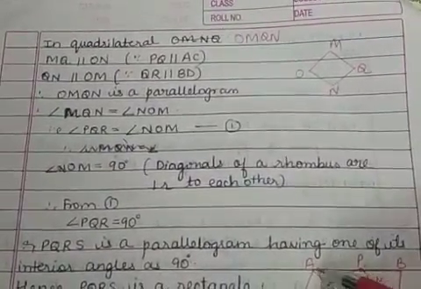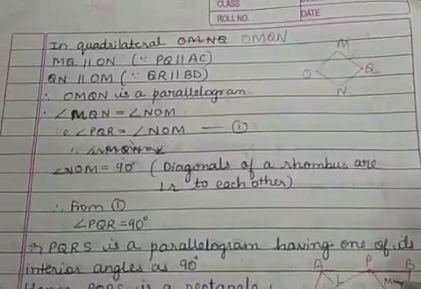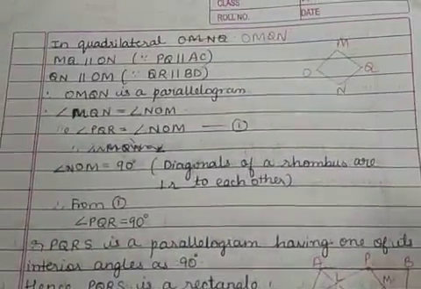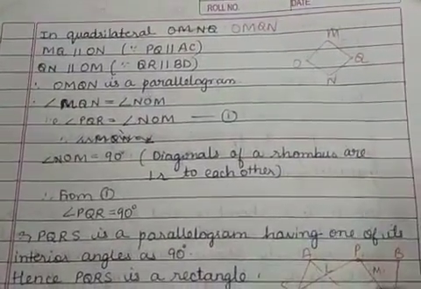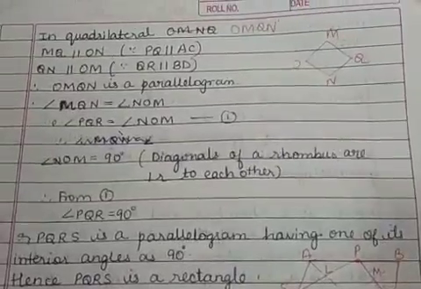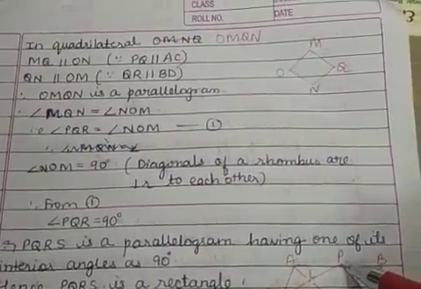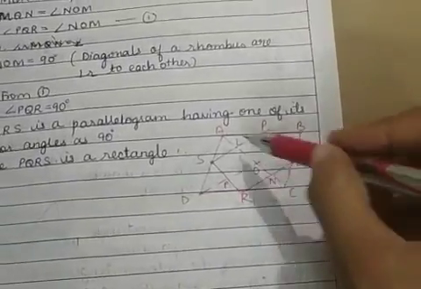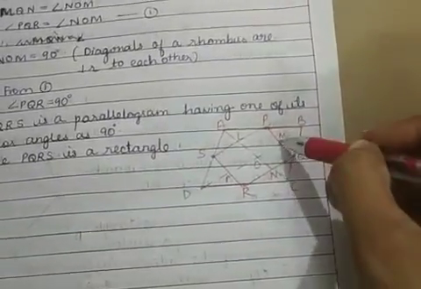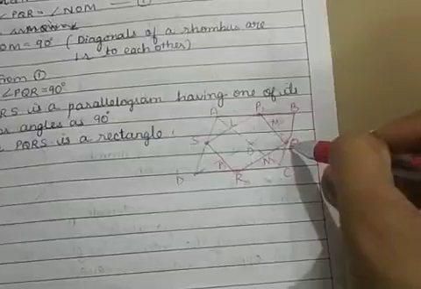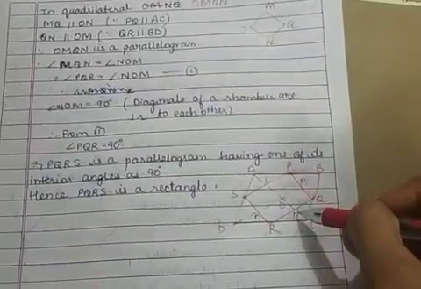MQ is part of PQ and ON is part of AC. So we can say MQ will also be parallel to ON, correct?